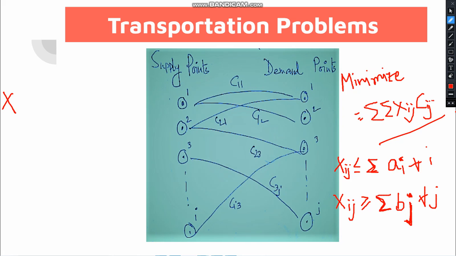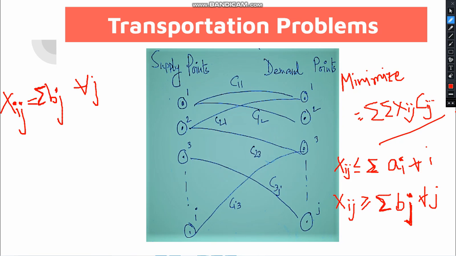So it will obviously be equal to the summation of Bj, for all j. The amount of material being transported will always equal the summation of Bj.